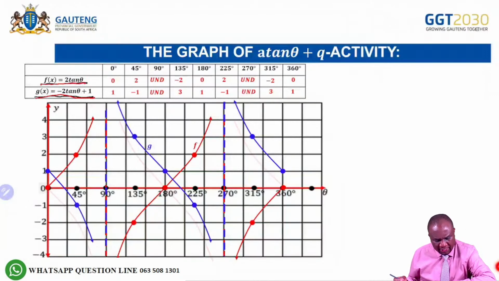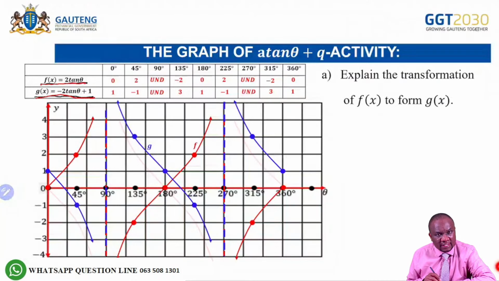What has happened to f of x to form g of x? Explain the transformation of f of x to form g of x. Let me give you 2 minutes so that you can discuss this with your colleague. After 2 minutes, we're going to come back and discuss this together.